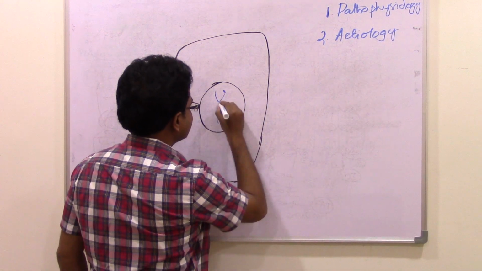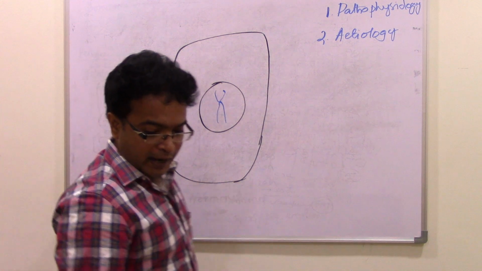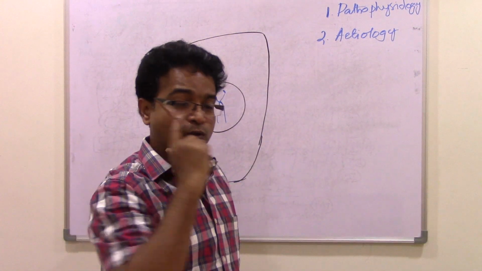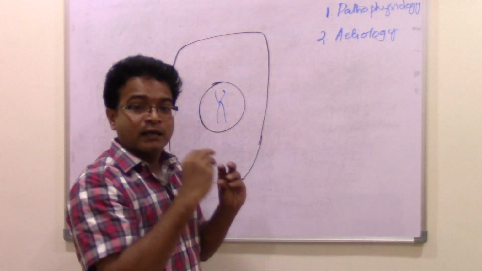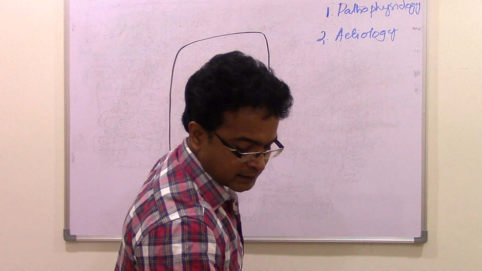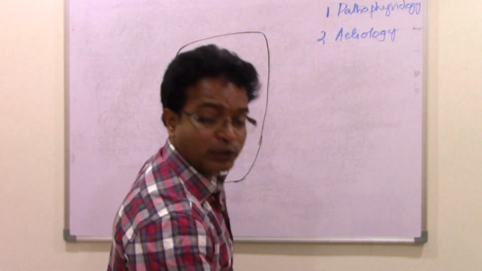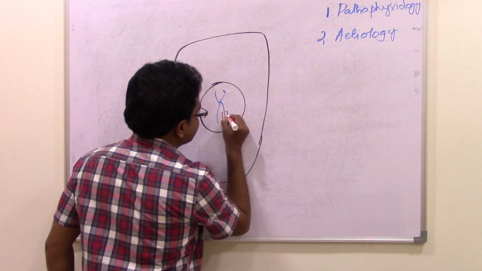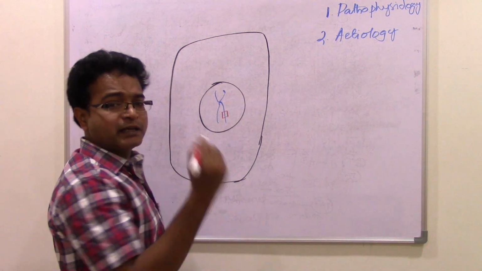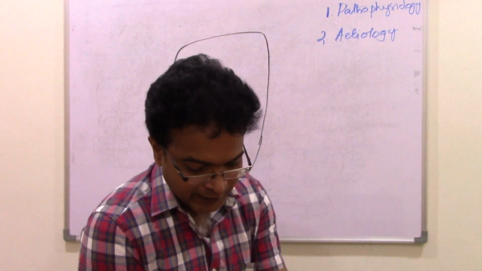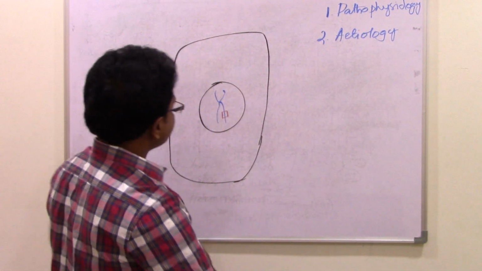Okay, let's say this is a chromosome, and a part of chromosome which is making a protein. So we all know that these chromosomes, they make proteins, right? So let's say this particular part of a chromosome is making one particular protein, right? So then we say it is expressed, right?